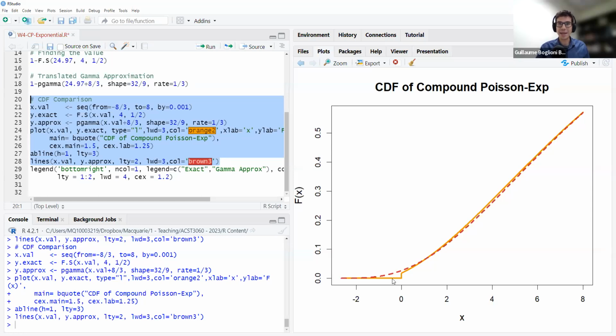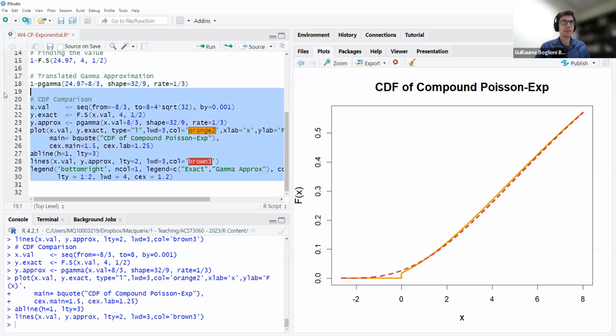And it's giving a non-zero probability to be negative, which is not reality. In reality, probability to be negative is 0, and then you have a jump at 0. So this part is not approximated well, which makes sense because the translated gamma is a fully continuous distribution. But overall, the approximation is very solid here.